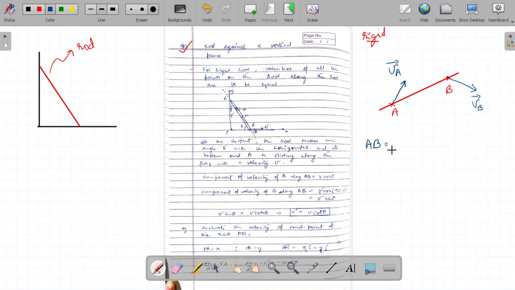The rule or idea which we are going to remember is that whenever we have a rigid rod and it is rotating or moving at some velocity, like in this case it is going to fall along this wall, then the velocities of the points on the rod, these 2 points A and B, we consider their components along the rod.